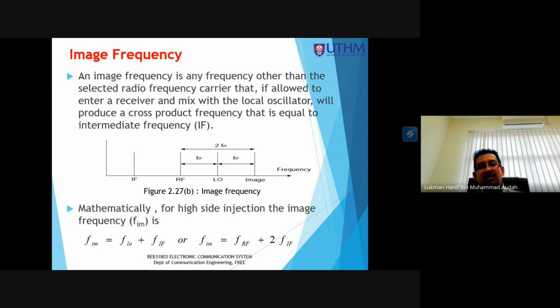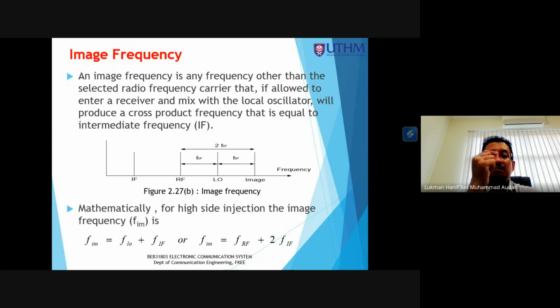So the pre-selector must block the image frequency from entering the receiver. Otherwise, the receiver will be unable to differentiate whether this is the desired frequency or the image frequency.